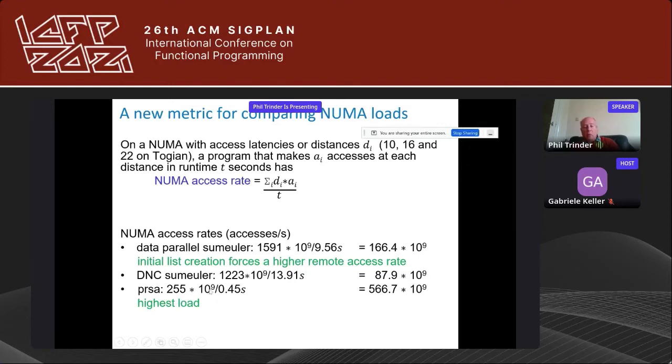Interestingly, PRSA, although it only runs for half a second, is placing a far higher load on the memory system by this metric, about 3 or more times greater than even the data parallel sum Euler.